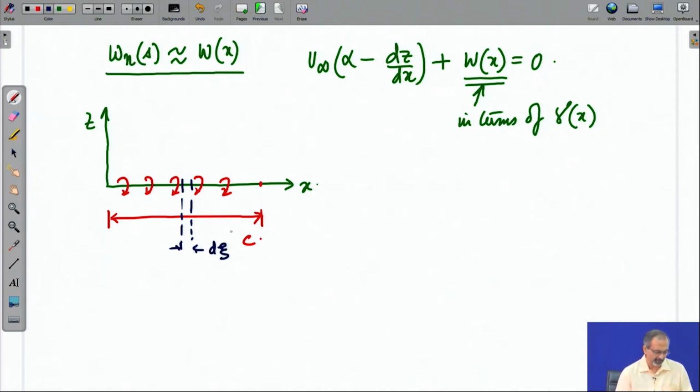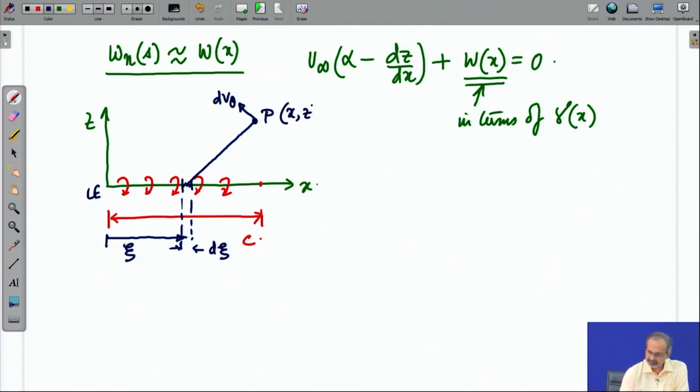Xi is a dummy parameter, and this small elemental length is at a distance xi from the leading edge. This small element is inducing an elemental vorticity which can induce an elemental v theta component at a field point. This field point has coordinates x z, which can also be written in terms of r theta.